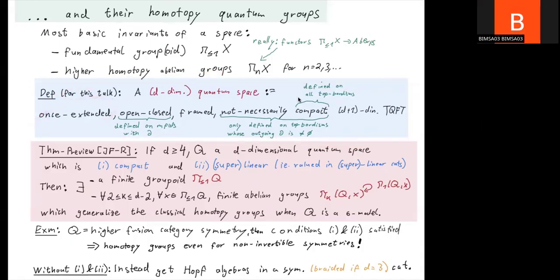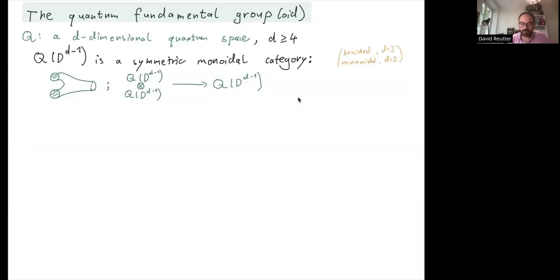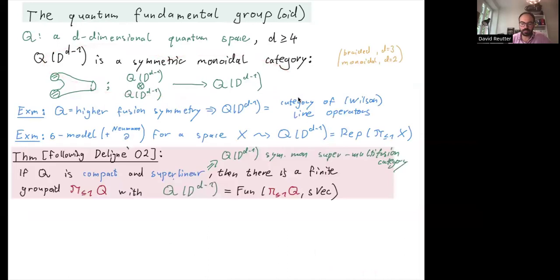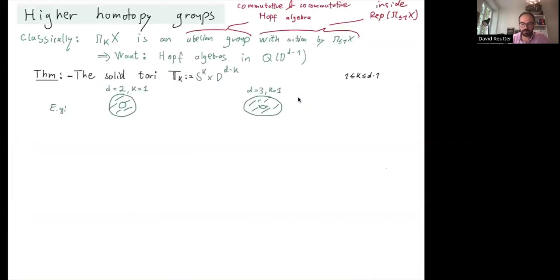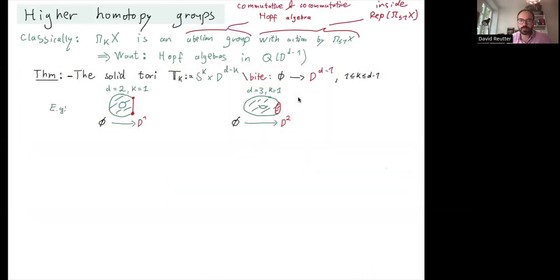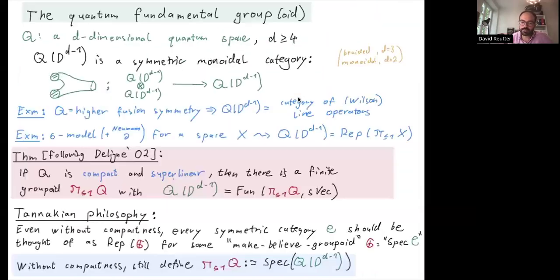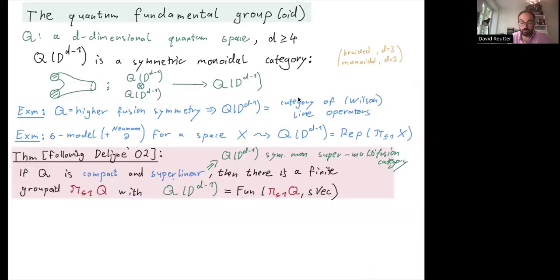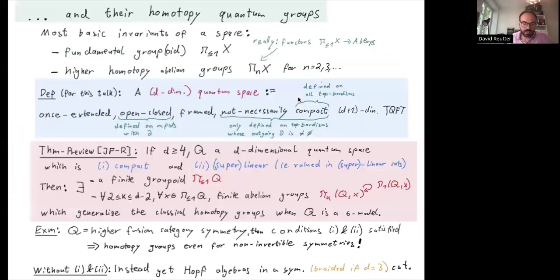I don't need any field whatsoever. But this would just give me a statement that this is a symmetric monoidal object and these are Hopf algebras. So this is just geometric, that these are Hopf algebras. And you could call the Hopf algebras the homotopy groups, and I think that's in weird characteristic, for example, just the thing you should do. But then to really extract actual groups, you have to work in algebraically closed characteristic 0.